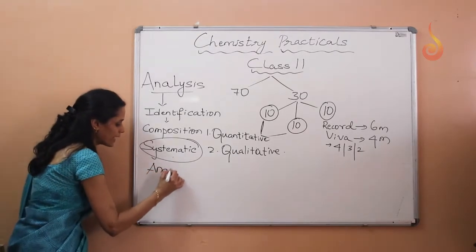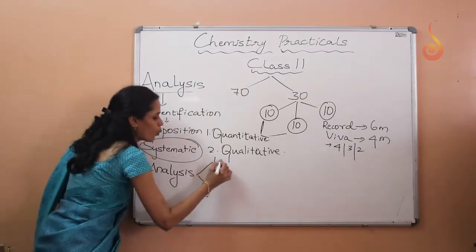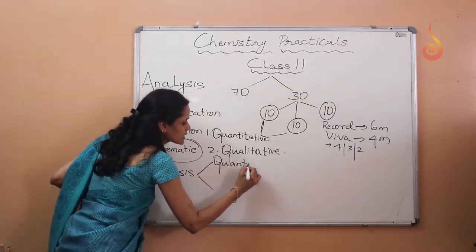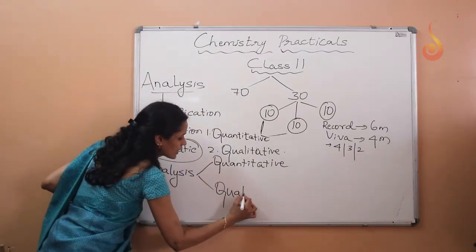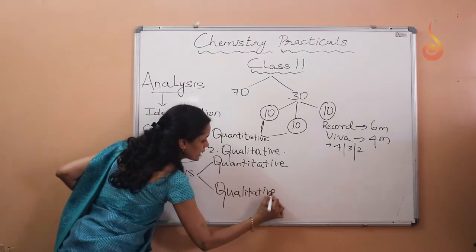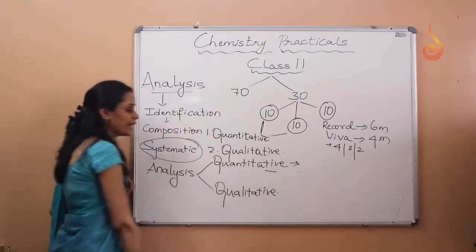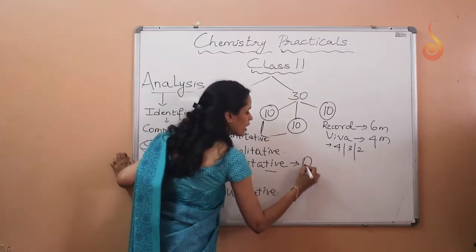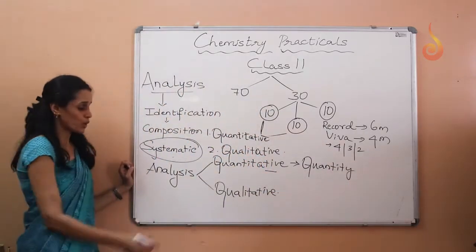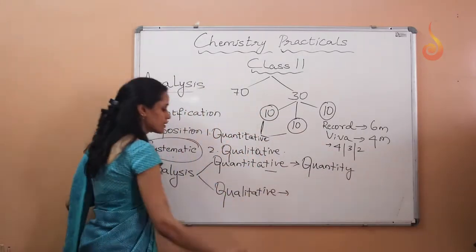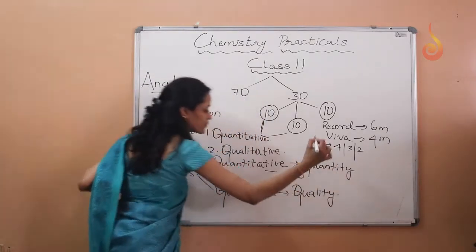Now, in case of analysis, we have 2 different types: quantitative analysis and qualitative analysis. In quantitative analysis, the analysis is done in terms of quantity, whereas qualitative analysis is done in terms of quality.